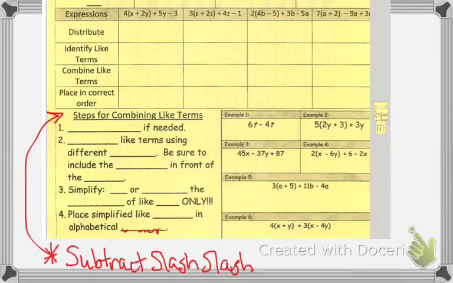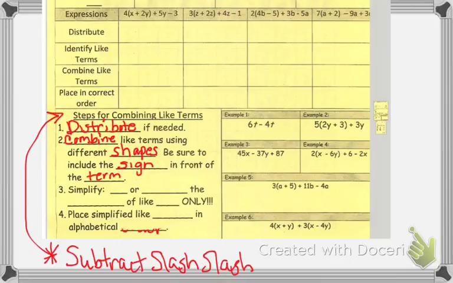So our steps for combining like terms. First of all, if you can use the distributive property, go ahead and distribute first. Then you want to combine like terms using different shapes, and I am going to explain about the different shapes. Be sure to include the sign in front of the term.